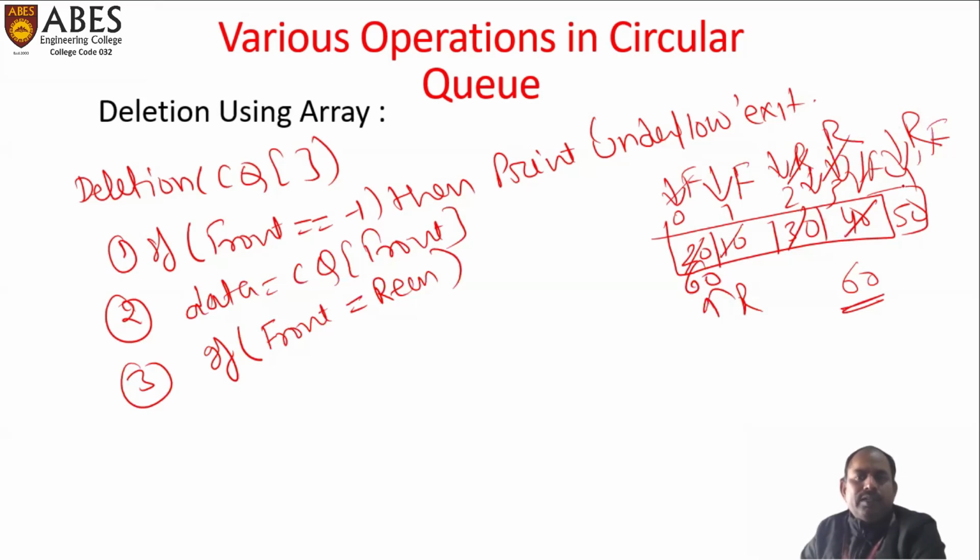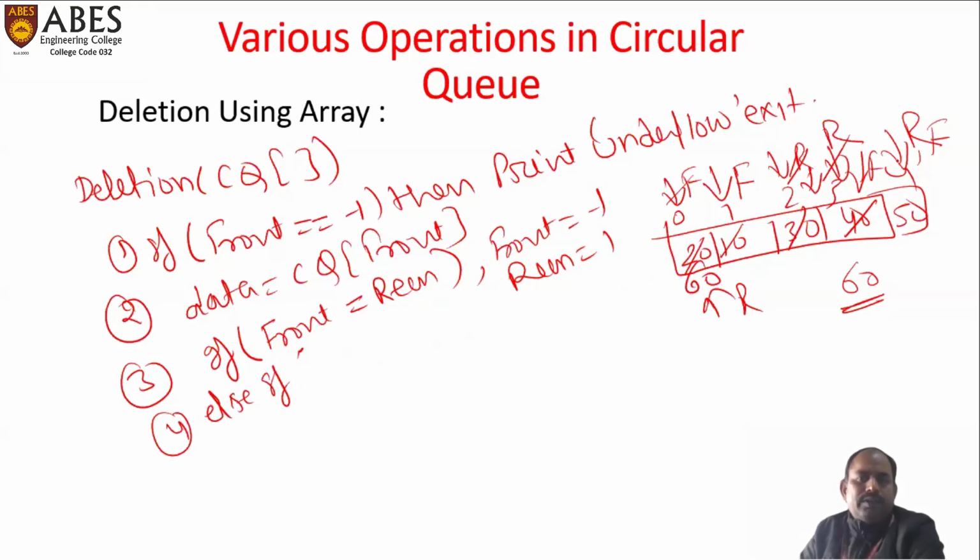If the values of front and rear are both the same, then in that case there is a single element in the circular queue. So we have to include this condition also. For that, we can write here else if front is equal to rear, then set front equal to -1 and rear also equal to -1, meaning make it empty.